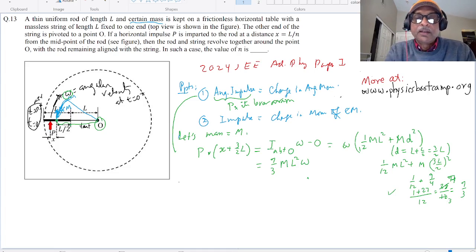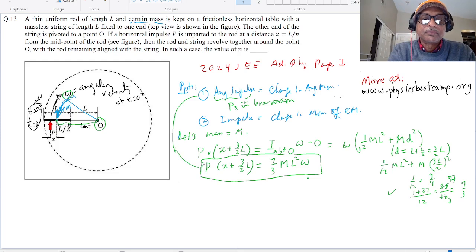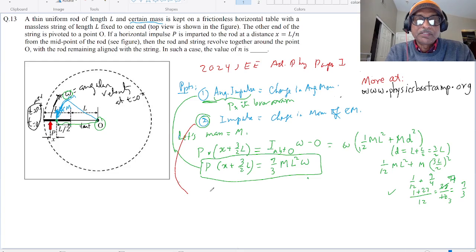Okay, this part is correct. So I've got P times x plus 3 over 2 L. This is one equation. Then I need the second equation for the impulse. Impulse P equals the change in momentum, which is just m V_CM minus 0.